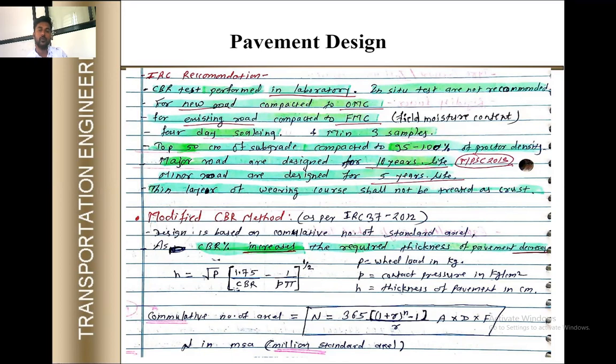Write down below, where P is the wheel load in kg. Small p is the contact pressure in kg per centimeter square. Small h is equal to thickness of pavement in centimeter.